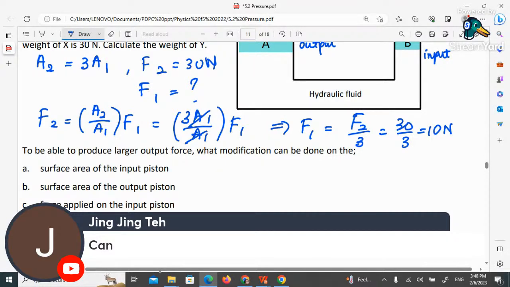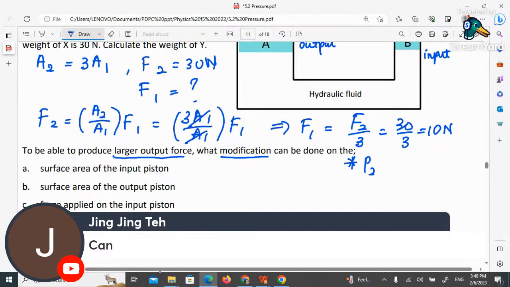So be careful. Normally the input is the small one. The small area is the input, the larger area is the output, to be able to produce a larger output force. Next question: what modification can be done on the surface area of the input piston, the surface area of the output piston, and the force applied on the input piston to produce a larger output force?